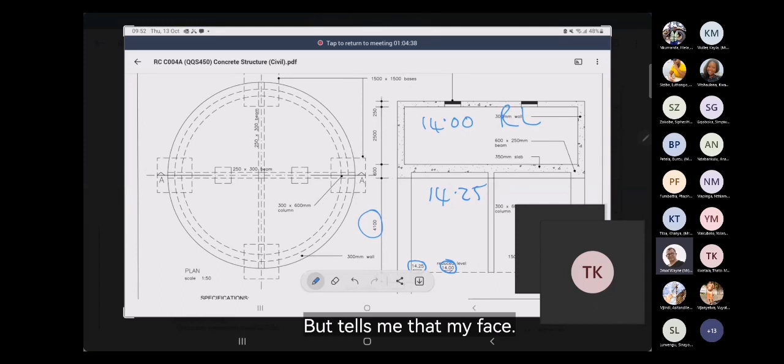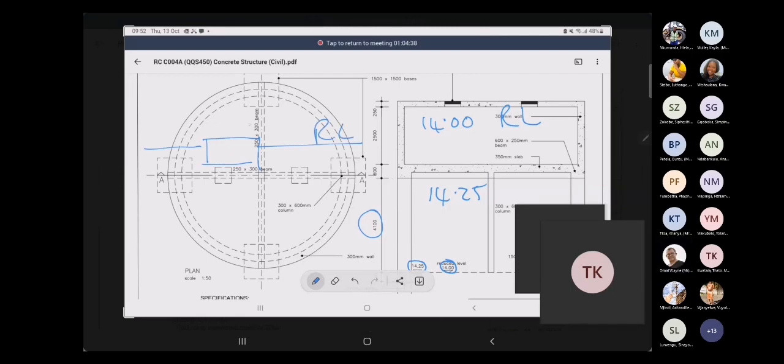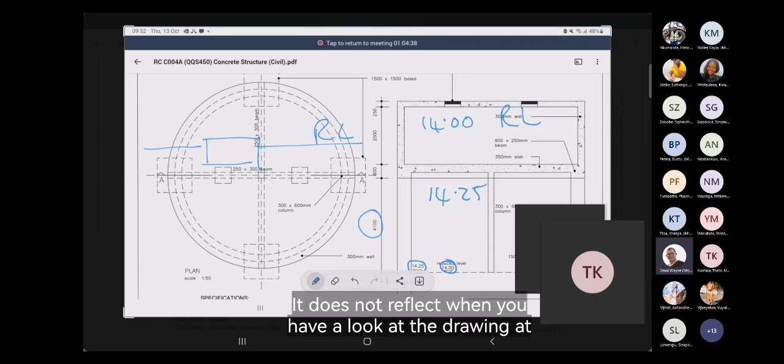That tells me that my base sits there and my reduced level is there. You all see that? It does not reflect when you have a look at the drawing at the bottom. It doesn't show that by looking at the levels, that is what is being reflected there.